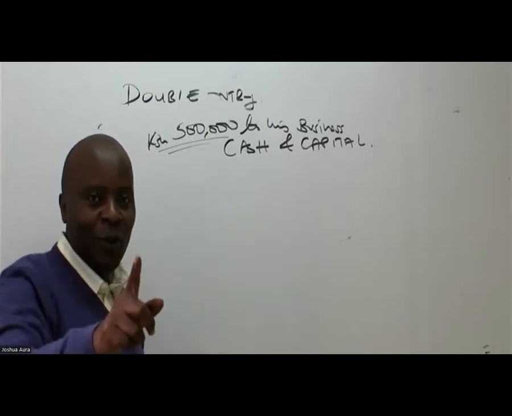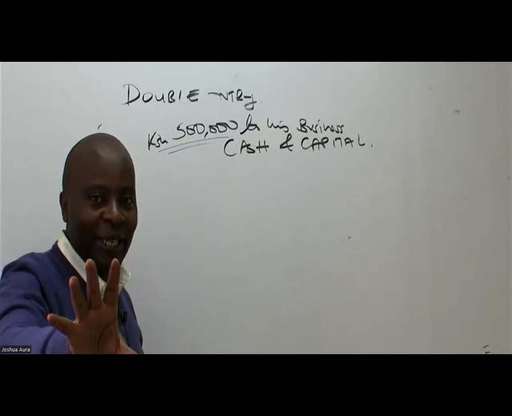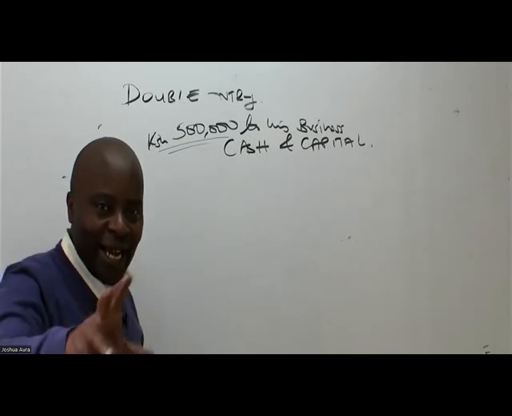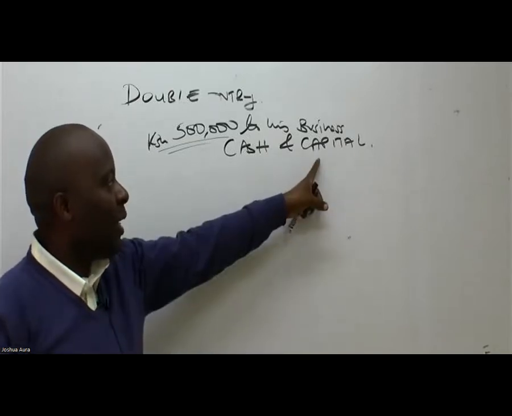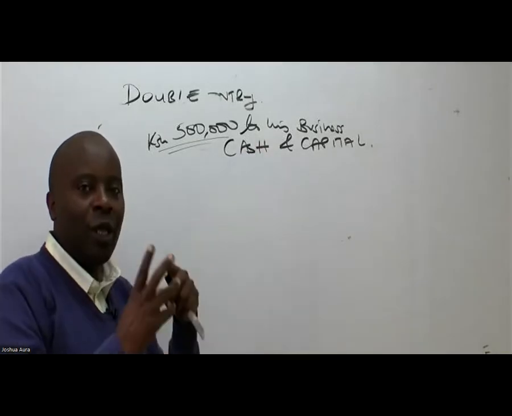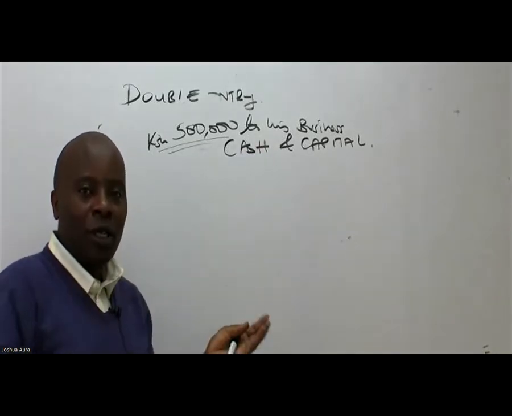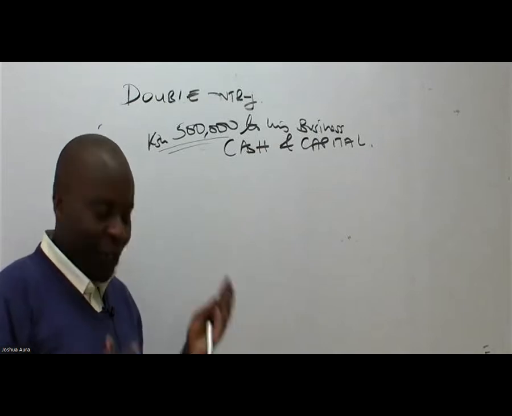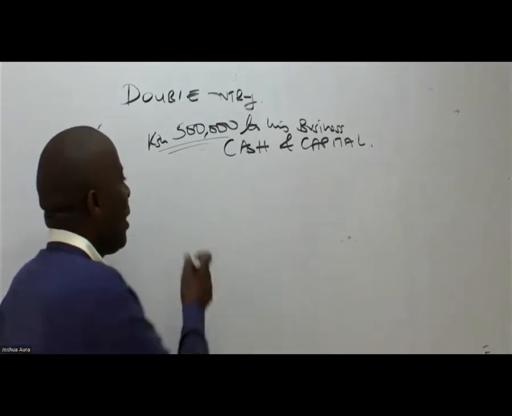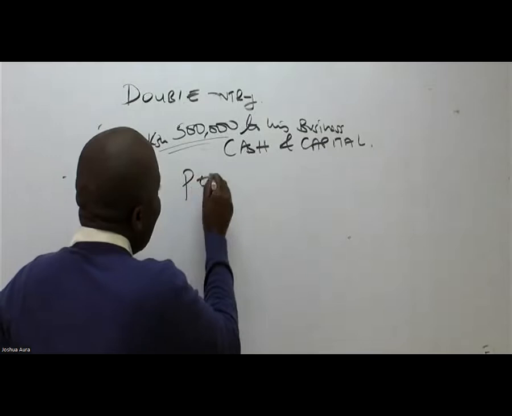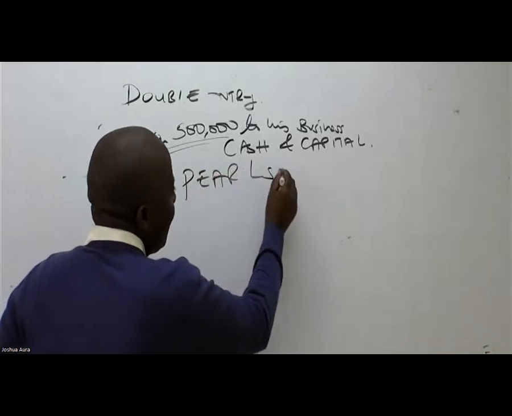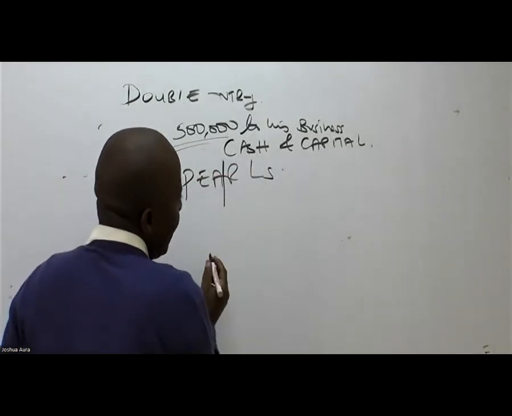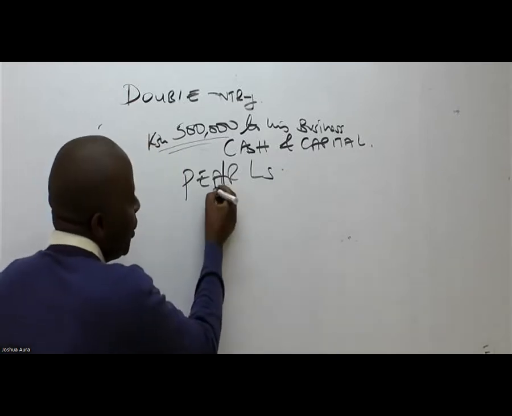Cash has been taken into the business. Cash is increasing. Joshua Aura has increased his capital, his contribution to the business. So two of them. Then I remember very fast my concept of pairs. So in these pairs I can see cash is an asset.